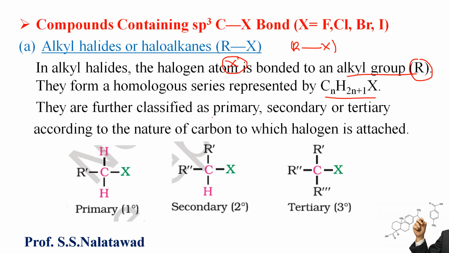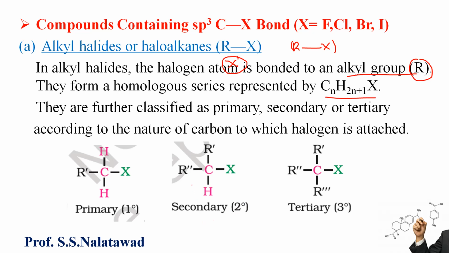In primary carbon atom, carbon is attached to two hydrogens. In secondary carbon atom, carbon is attached to one hydrogen atom, and in tertiary carbon atom, carbon is not attached to any hydrogen. Here look at the example.